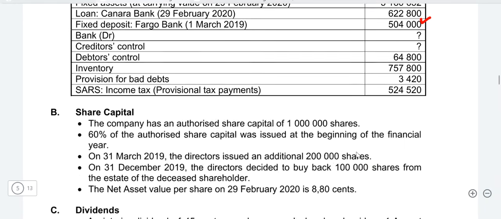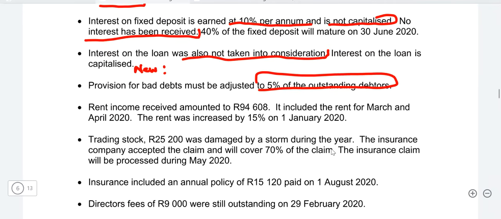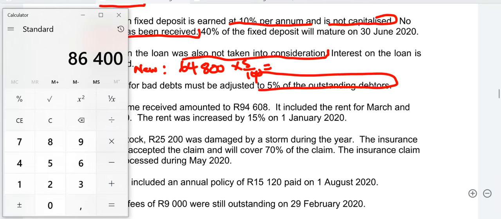So we're going to take 64,800 multiplied by 5 over 100, and then we'll see how much we are getting. 64,800 multiplied by 0.05, and it is giving us 3,240.